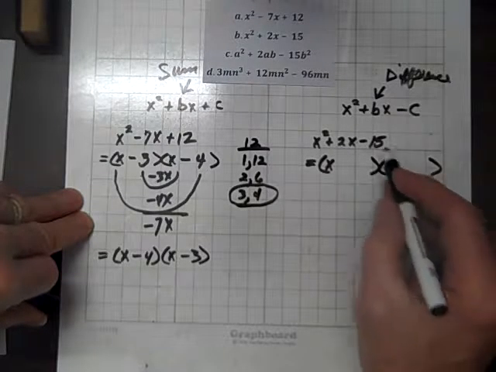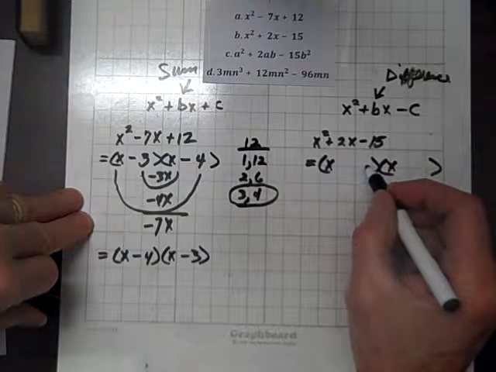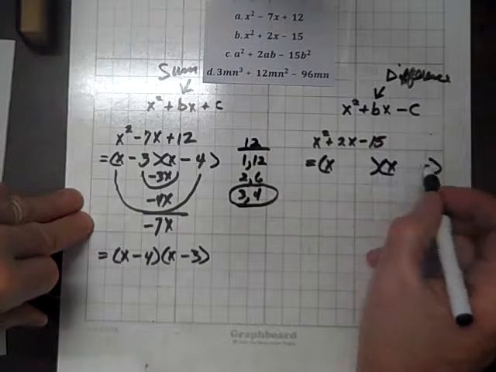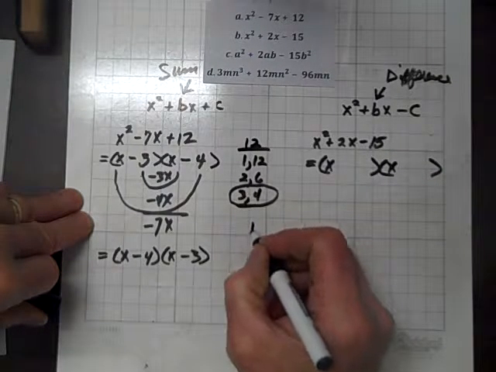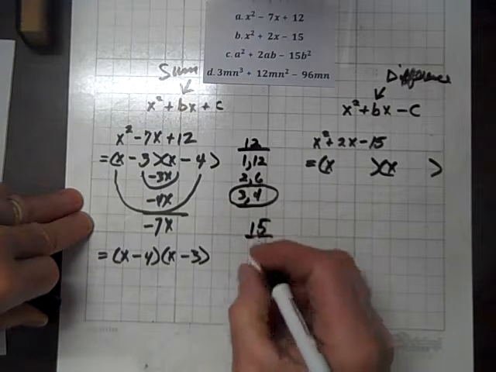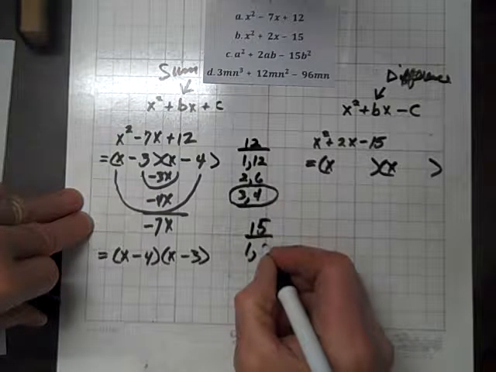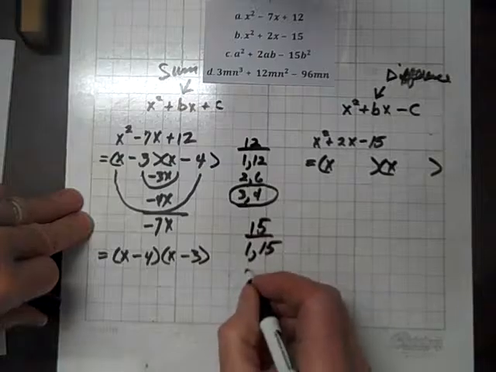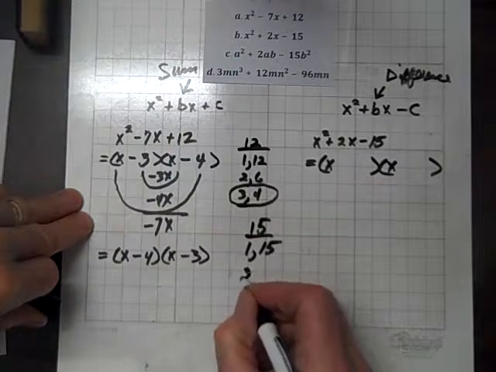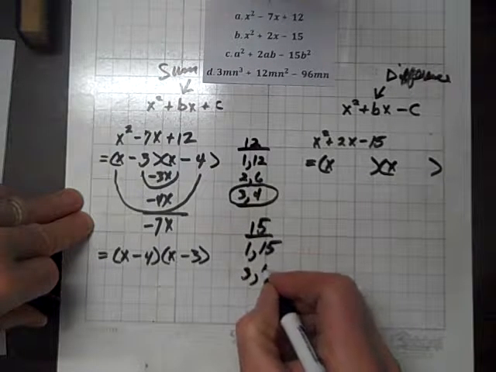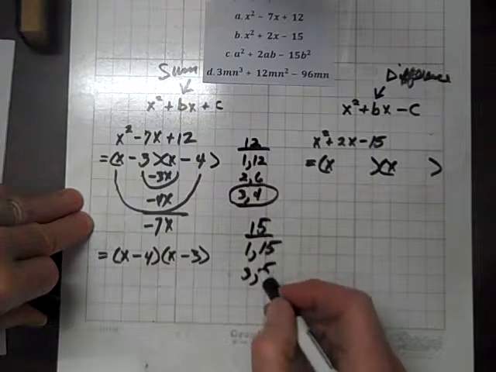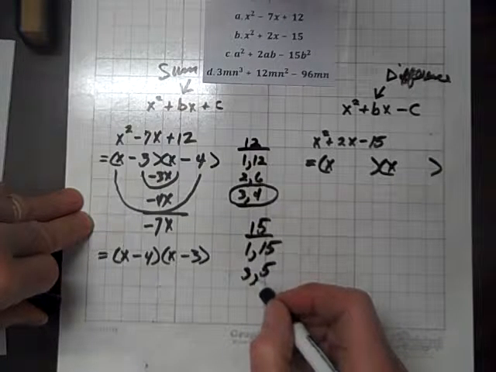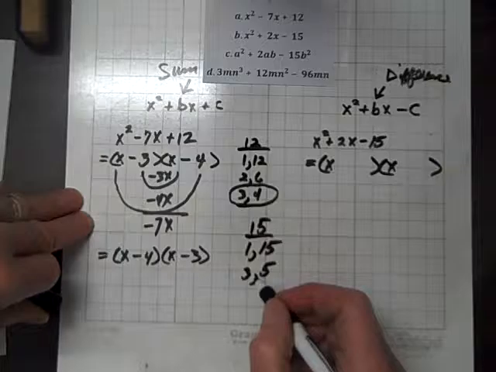So also we need to know what goes here and what goes here. So let's look at all the factors of 15, and they are 1 and 15, 3 and 5. And which of these sets of factors has a difference of 2?